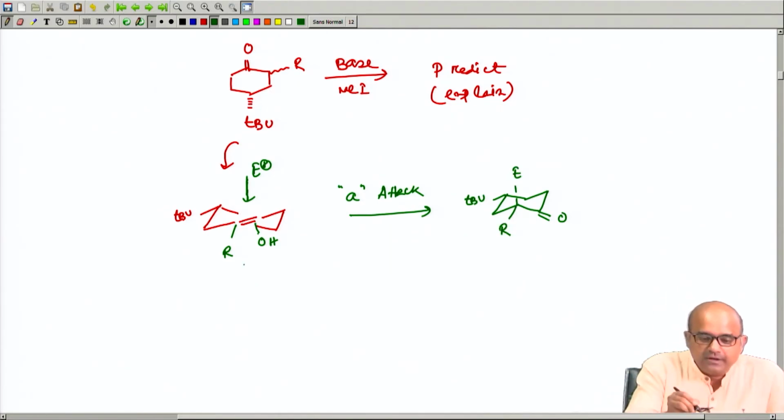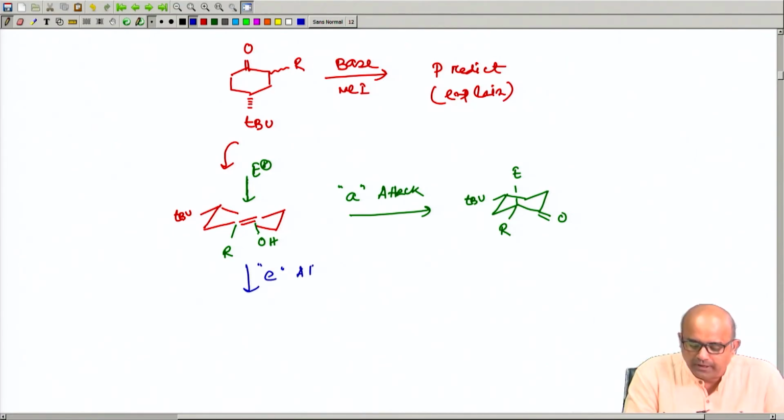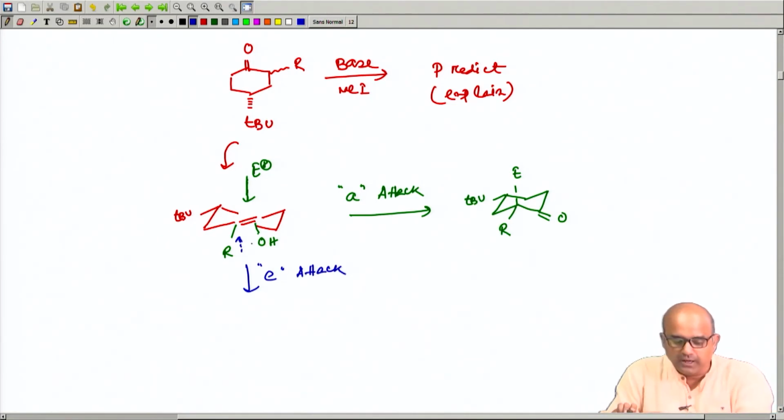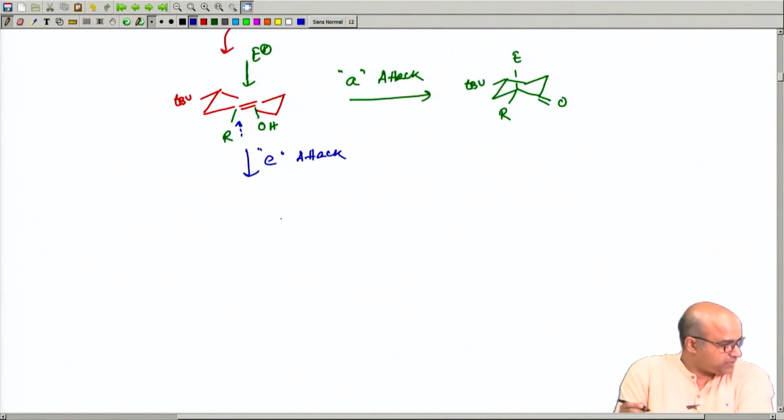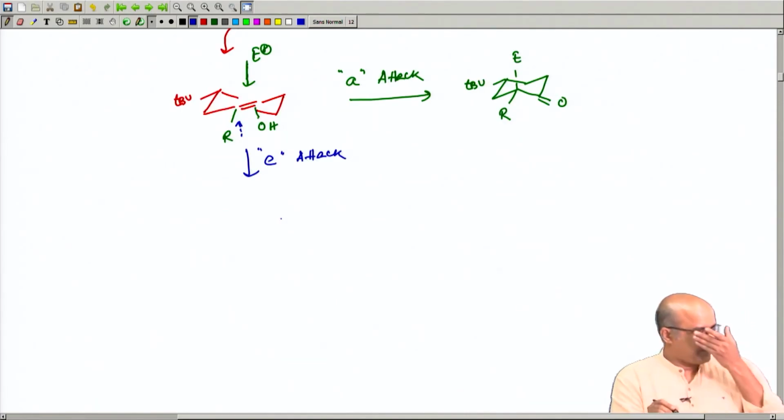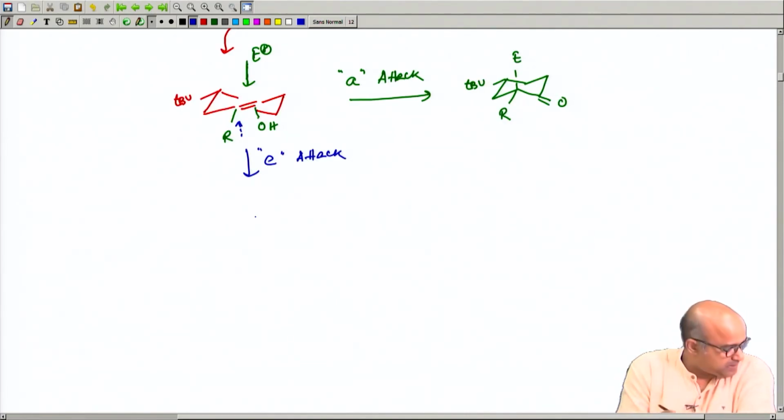Now, here you might say that there could also be an equatorial attack operating. For this equatorial attack, it has to be attacked from this way. For the equatorial attack we will draw the transition state in a different way, and the moment it attacks, it will have to go through a twist boat like transition state.